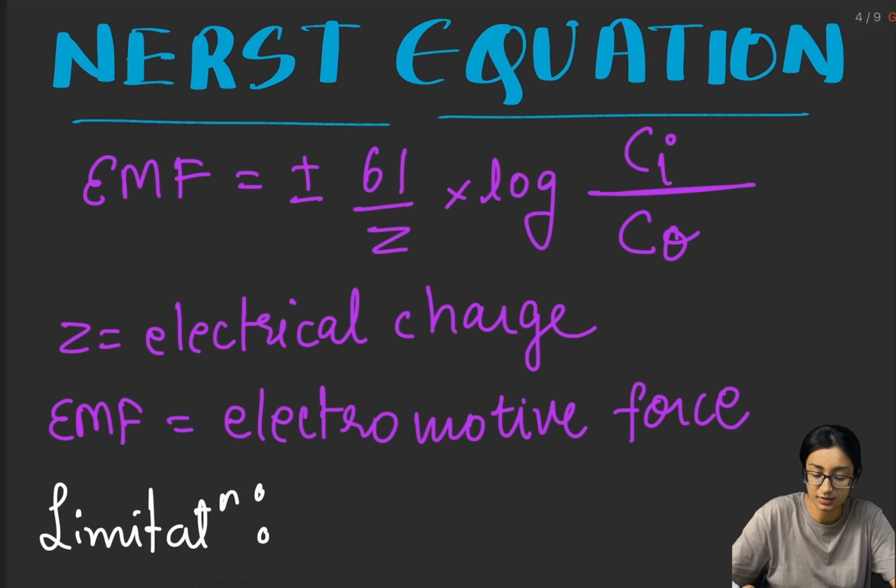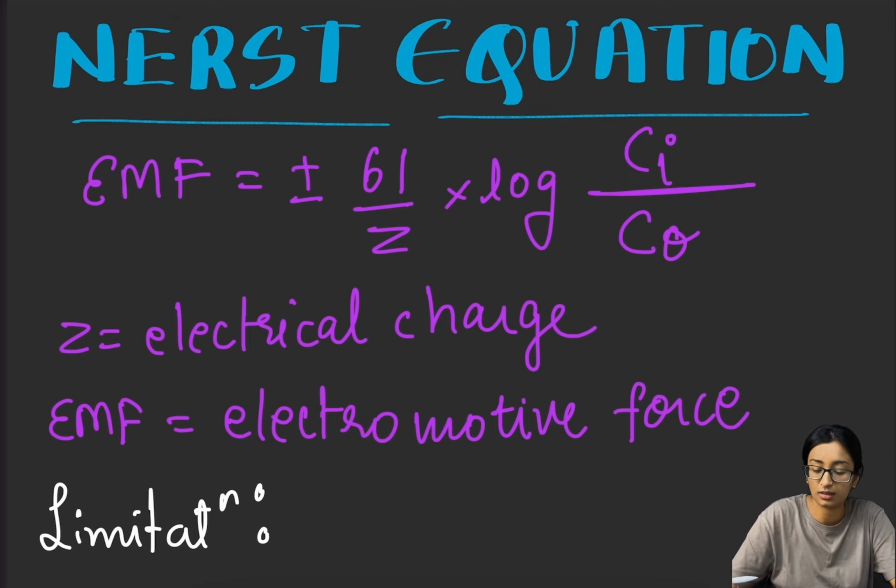The first is the Nernst equation. The electromotive force is equal to plus or minus 61 upon Z, where Z is the charge of the ion, for example plus 1 for potassium, multiplied by the log of the concentration inside to the concentration outside.